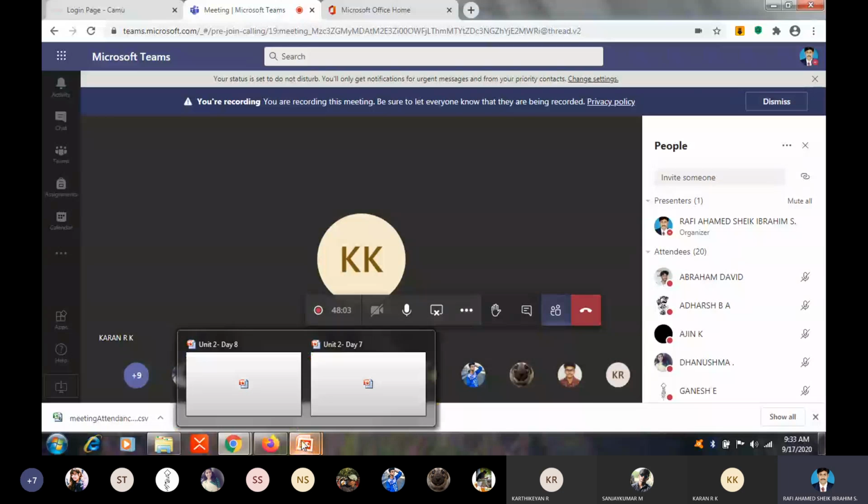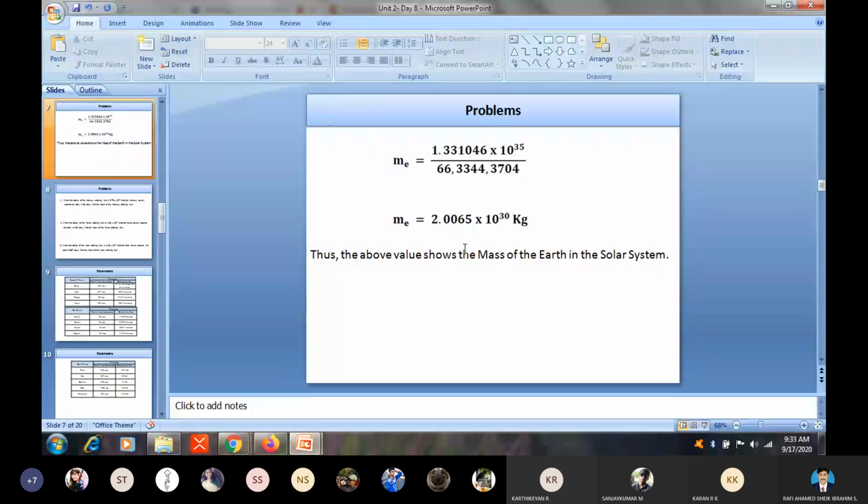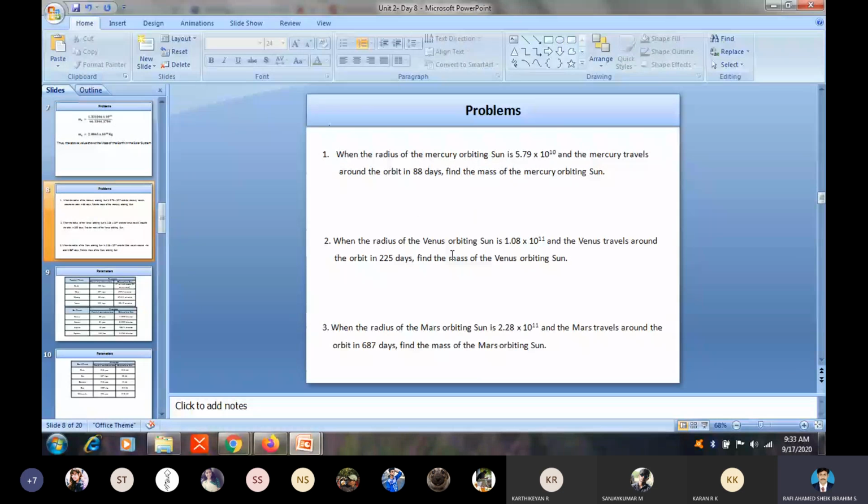You have to solve this problem, take a photo snap of it, convert it into a PDF, and submit it through your Cameo mode. I think there is an option to submit the assignment in Cameo.